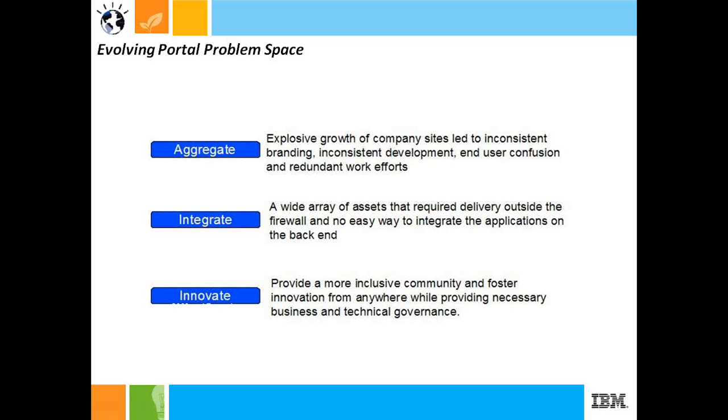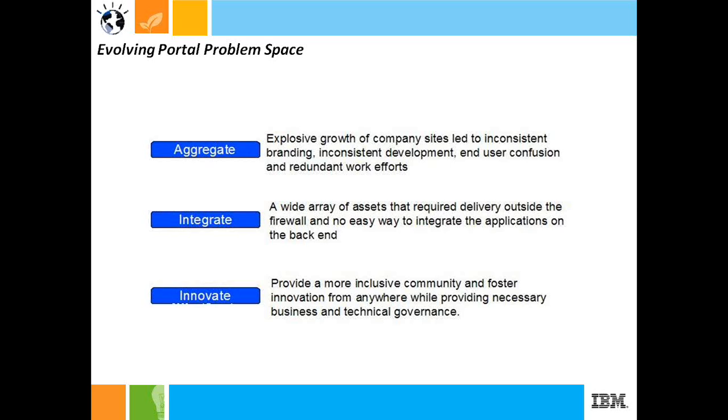Now when we say why we want to go to the portal, probably what problem the portal is going to solve in my organization. Now explosive growth of company sites leads to inconsistent branding. So when we say branding, we mean look and feel, so different branding features.